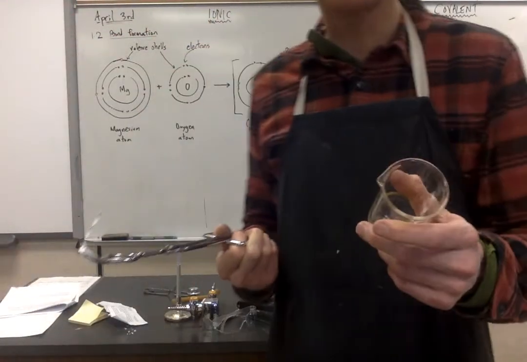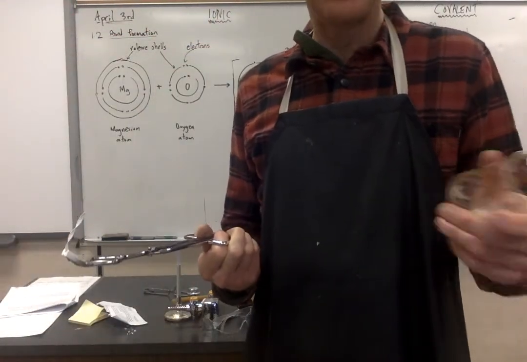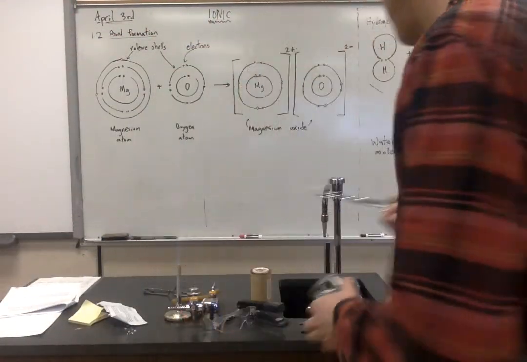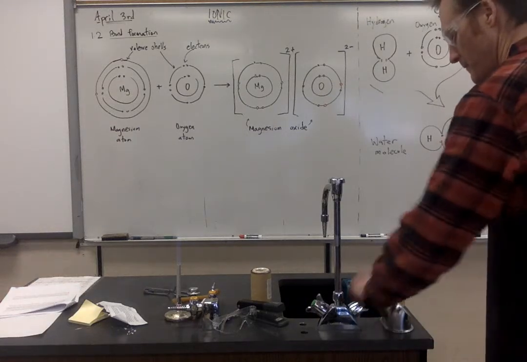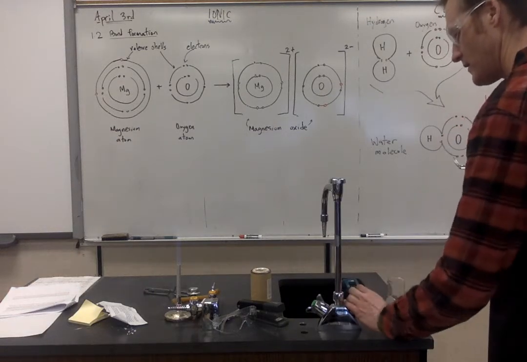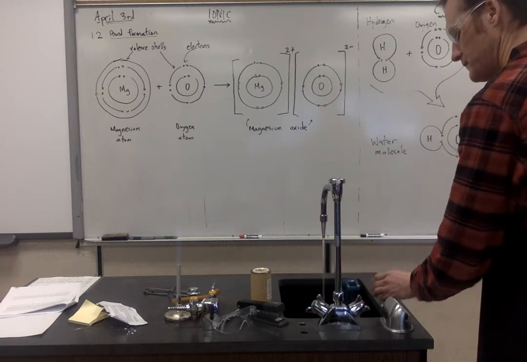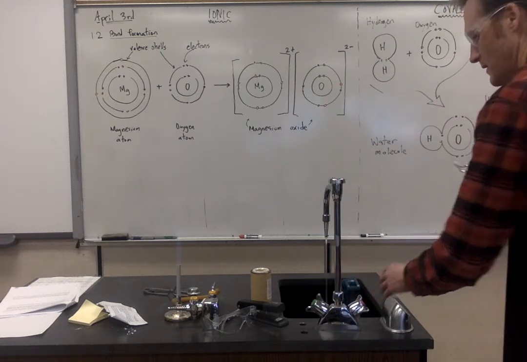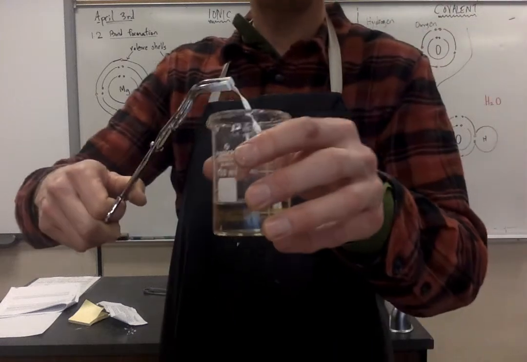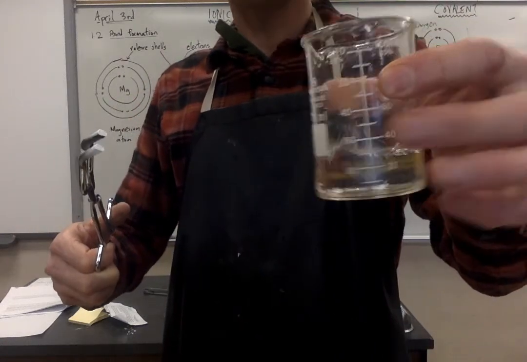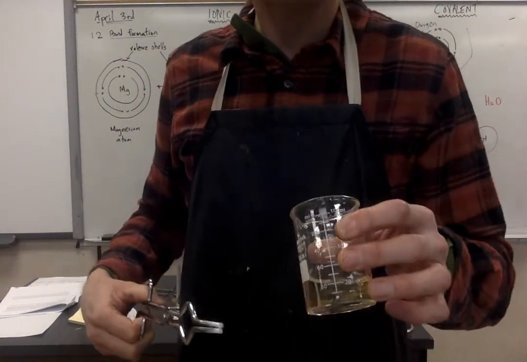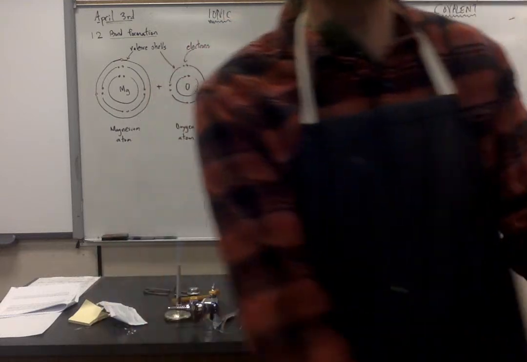Take a piece of magnesium metal, you put it in water, it's just going to sit there because it's a metal. This new compound we've made, magnesium oxide, that's going to dissolve in water.